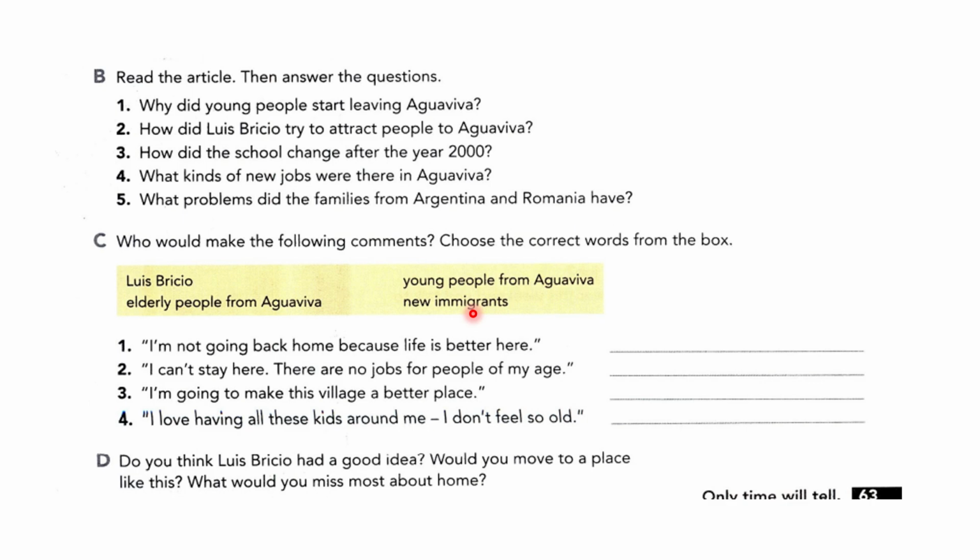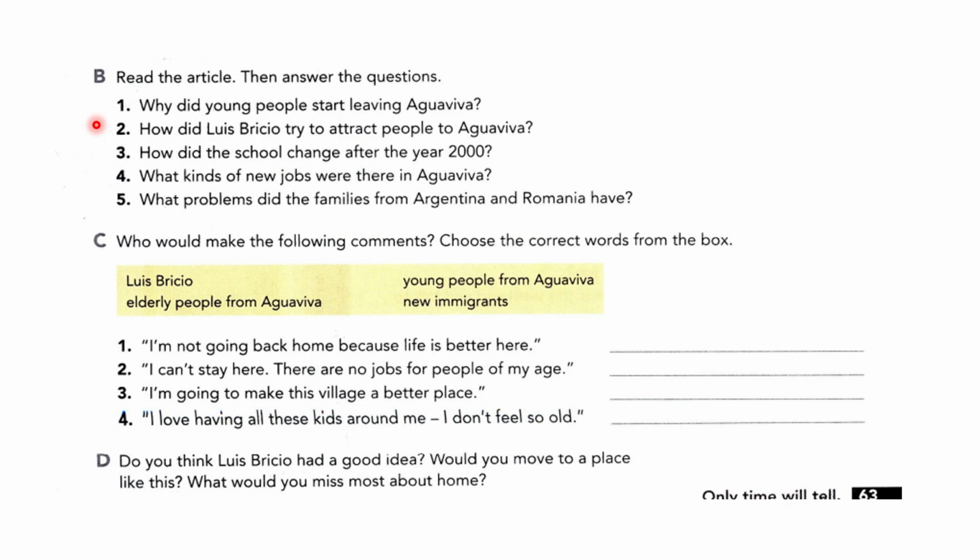There is a much longer response. Let me see. Tell me, Mercedes. Because they wanted more opportunities. Yes, because they wanted more opportunities. That's why people started leaving Agua Viva. This is a true story, okay?